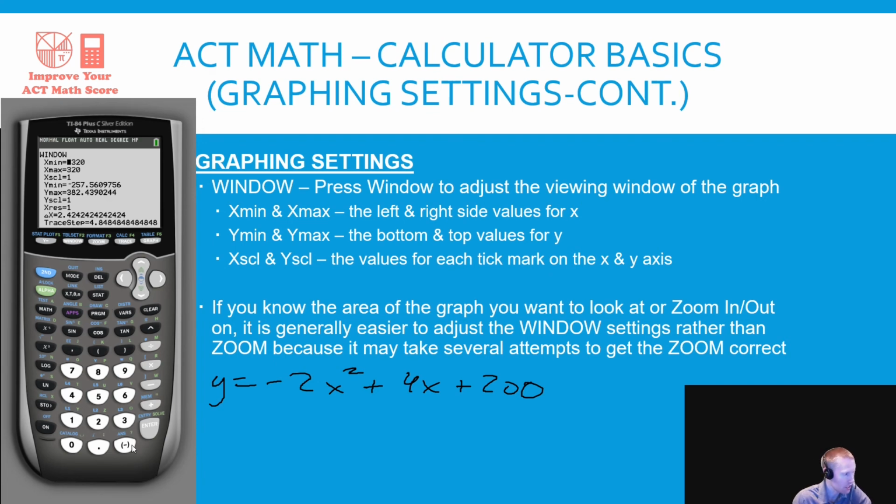So I'm just going to change these x values now to something like maybe negative 15 to positive 15. Sorry, that came up because I hit the subtraction sign by mistake instead of the negative sign. And I'm going to keep the y min and max the same. So now I'll go ahead and hit graph.